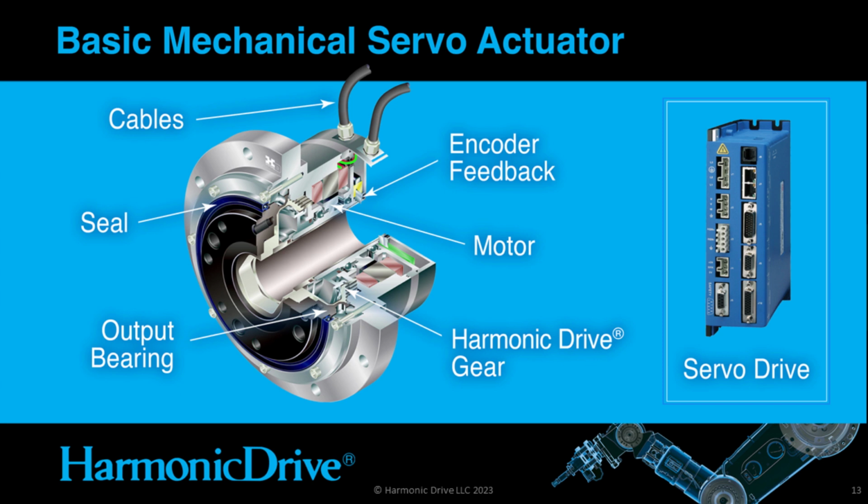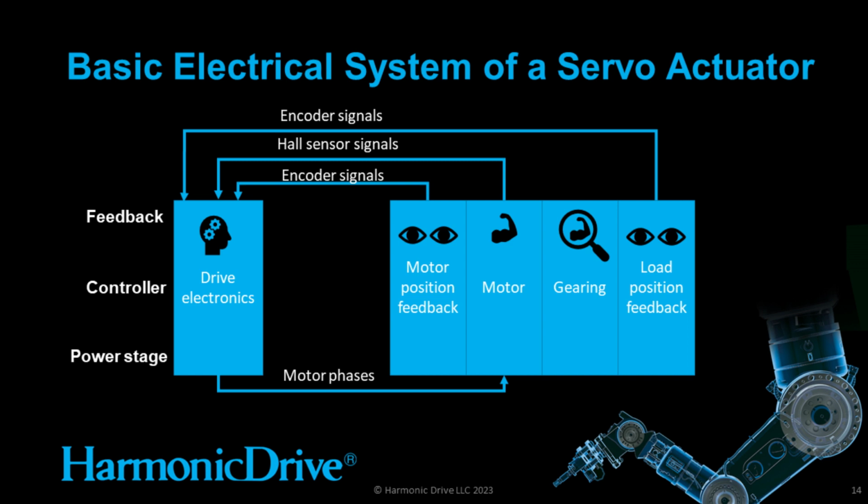Actuators also typically include an output bearing to support moment loading and seals to protect against harsh environments. The servo actuator is connected to the servo drive, usually through 2 cables, one for the motor's power and another for the feedback and signals.